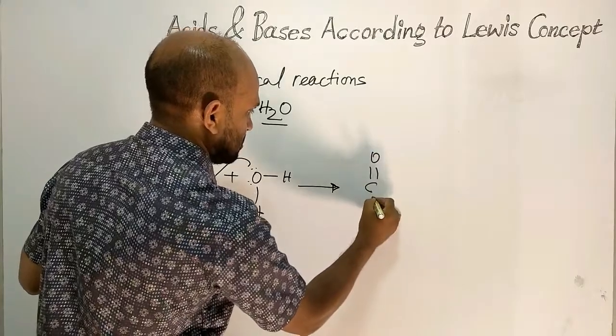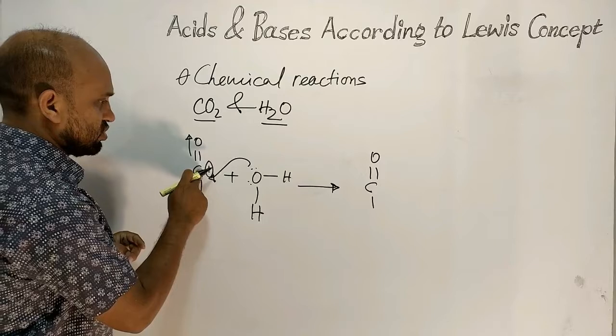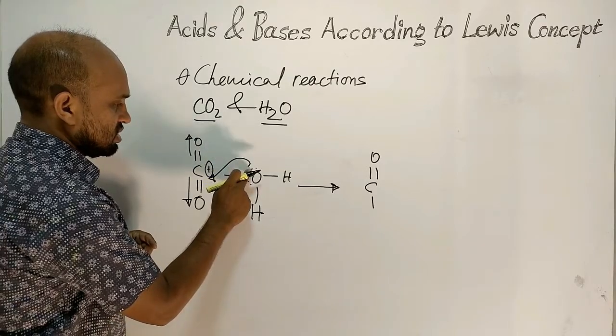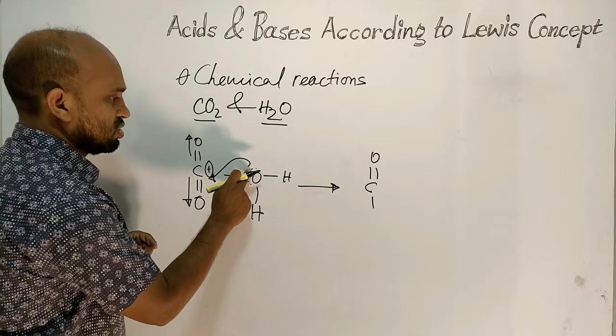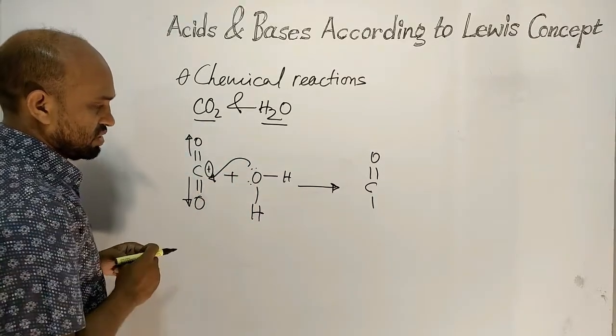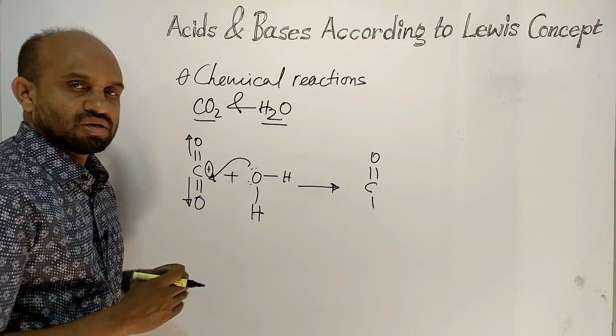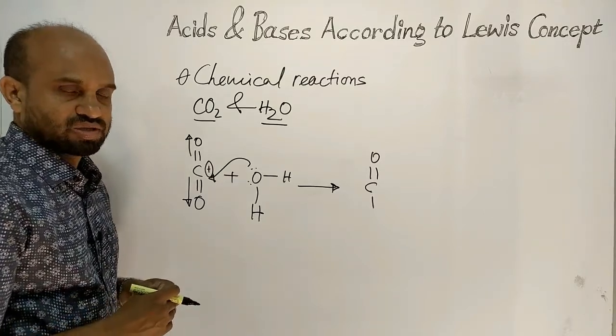carbon, oxygen. Here, when this oxygen combines with this carbon, then these electrons, that means the lone pair of electrons, and these electrons, the bond pair of electrons, there originates electron repulsion.